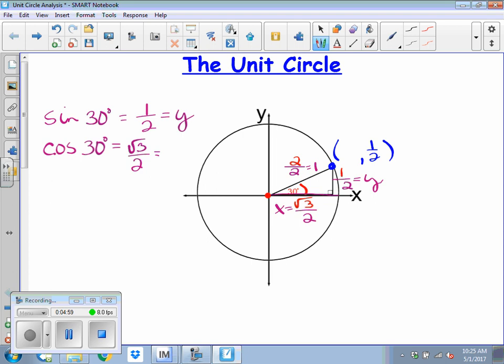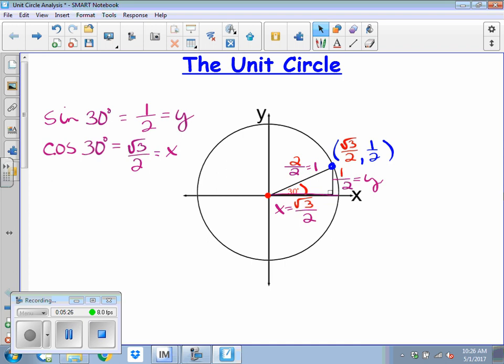That is my x value. So x is the square root of 3 over 2. So this point on the coordinate plane for a 30-degree angle, the coordinates of that point are the square root of 3 over 2, comma, 1/2. We just found that.